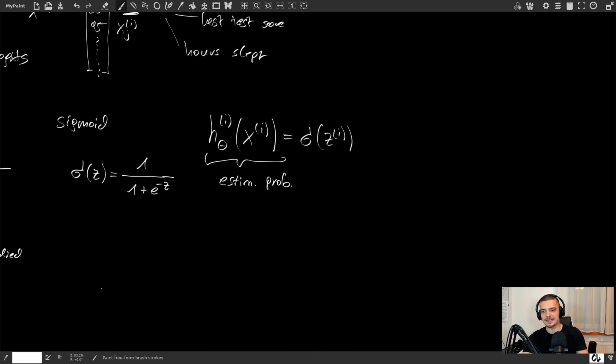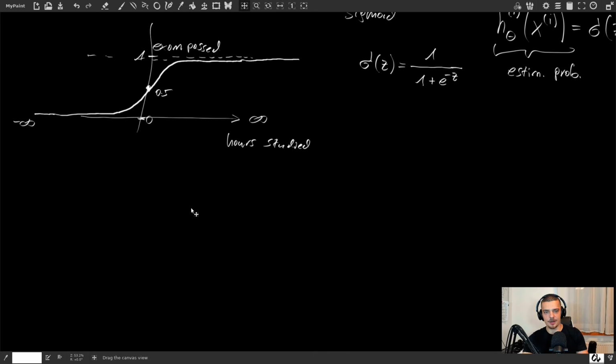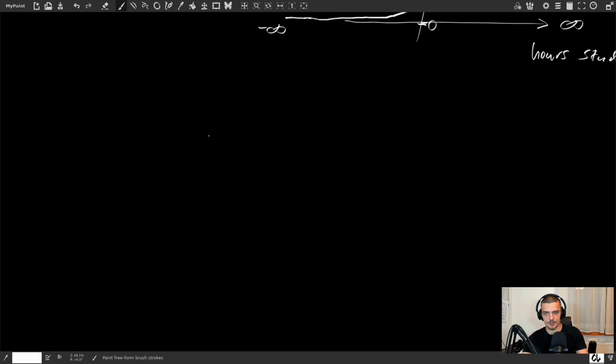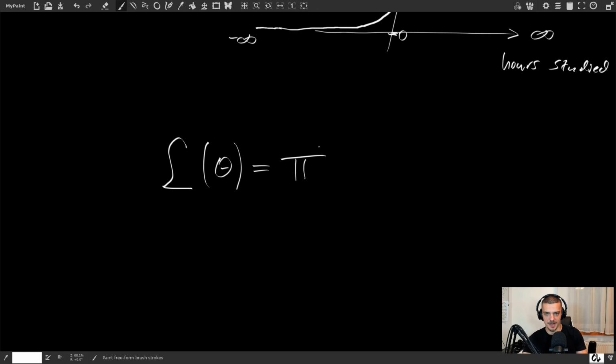So what we actually need is a function that we can optimize, and we're going to start by thinking about this in terms of likelihood. So we can come up with a function like this. We can say the likelihood of the parameters being optimal, we could phrase it like that, given theta, we want to see the product here. So this is pi, but it's also the product.